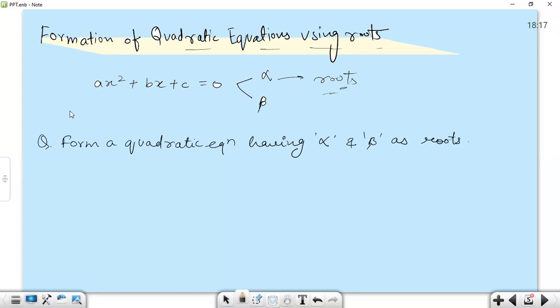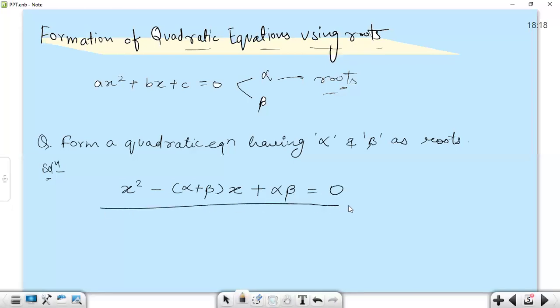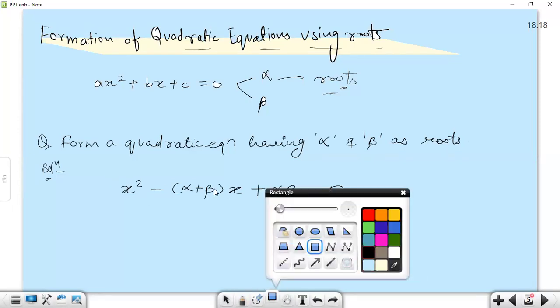Do you know how to form it, Kanish? No, sir. No problem. As there are two roots, it's a quadratic equation. It's a simple thing to remember: we take the sum of the roots into x, plus the product of roots. Basically, this is how we can find the quadratic equation using given roots.